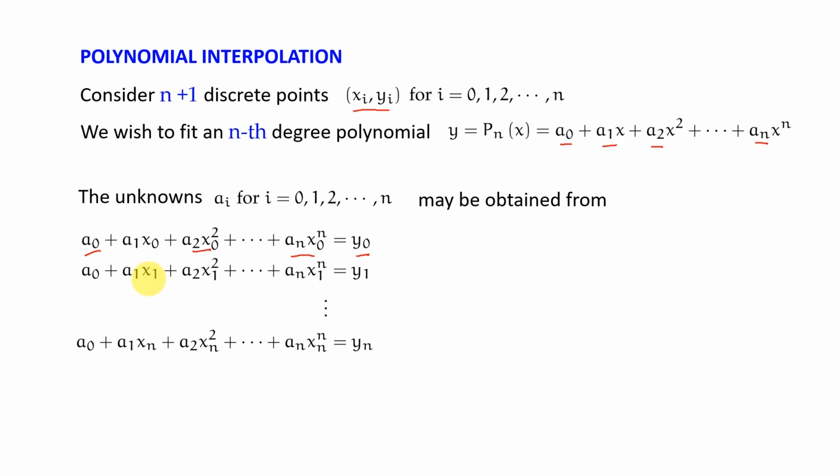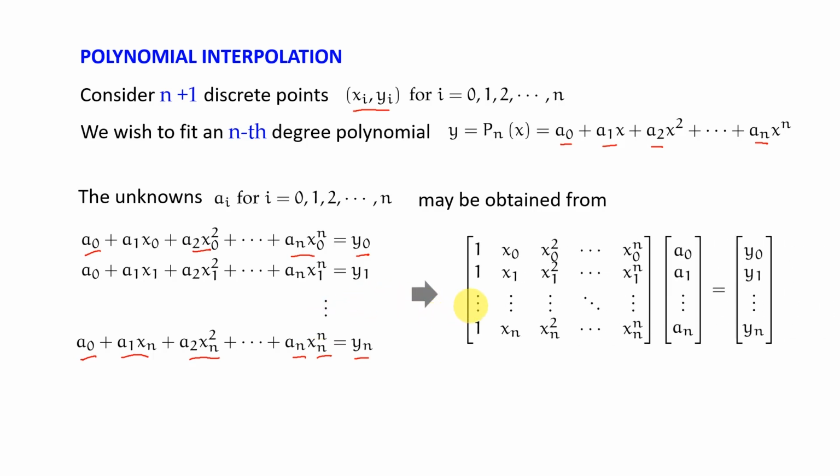Similarly, the polynomial will be satisfied by all other points, up to a0 plus a1 xn plus a2 xn square up to an xn to the power n equals yn.